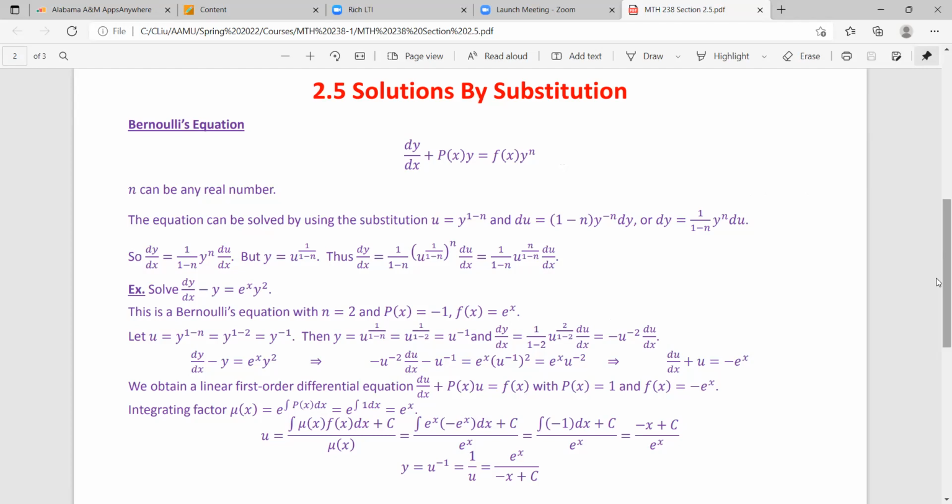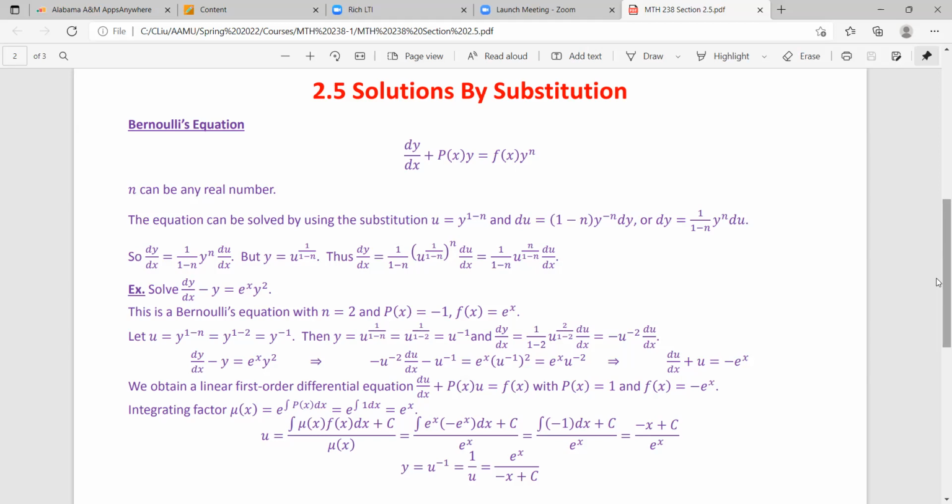And in here, n can be any real number. It's not just the integers. It can be decimals or fractions, or even irrational numbers. So this is a special type of equation that can be solved by substitution.